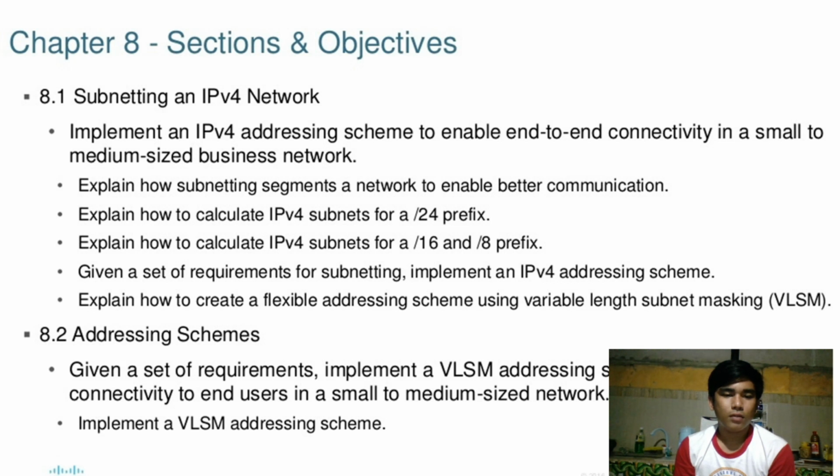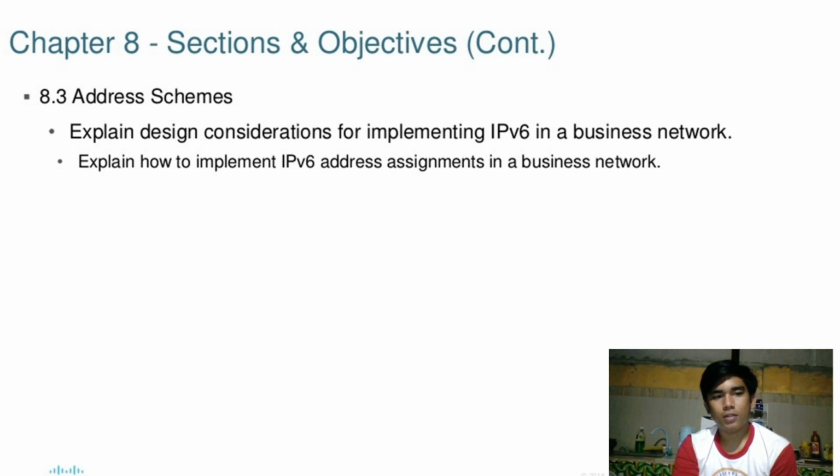Given a set of requirements, implement a VLSM addressing scheme to provide connectivity to end users in a small to medium-sized network. 8.3 Addressing schemes. Explain the design considerations for implementing IPv4 in a business network. Explain how to implement IPv6 address assignments in a business network.